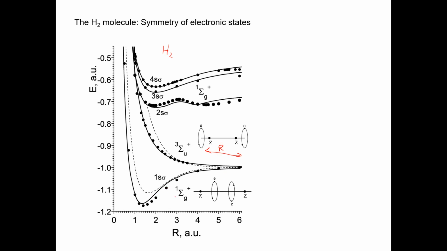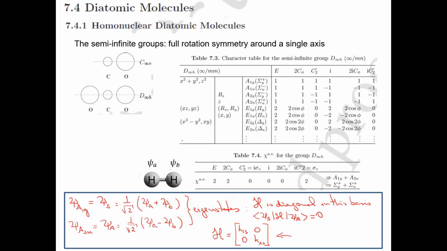So this is just to show you that if you see papers, you start to notice now that you can finally understand this notation, because this is simply group theory notation. You can see sigma g, sigma u. This is the bonding state for two s orbitals. This is the anti-bonding, and these are higher energy orbitals, but we'll not care too much about them now. Again, you have the same notation there. You can see sigma g and sigma u that are precisely the group theory notation that you find in the character table.